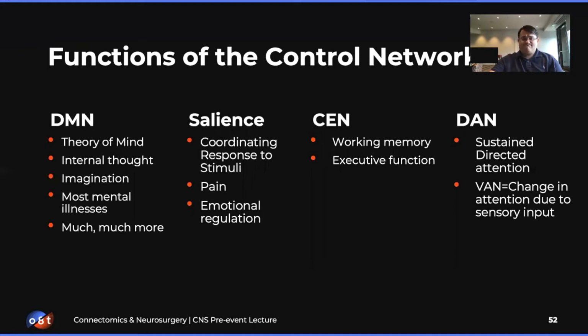Dysfunction of the salience network plays a major role in depression, as well as in people who have chronic unexplained pain. The central executive network plays roles in executive function and working memory, and the dorsal attention network, which we briefly touched on, is really more involved in directed sustained attention, with a complementary network, the ventral attention network, involved in changing attention between tasks.